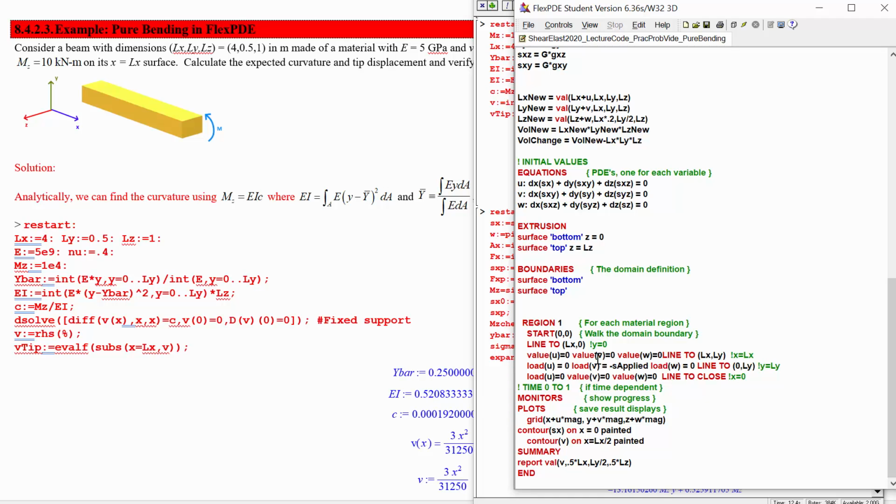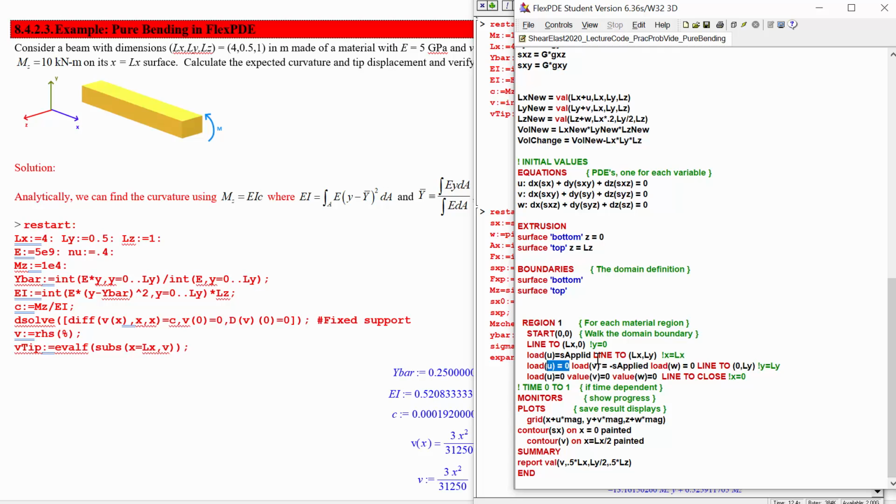First, let's figure out where we're going to put that. So we're going to put x equals Lx with a stress applied in U. So we'll say load of U is the applied stress, and we'll put no other loads on that surface.